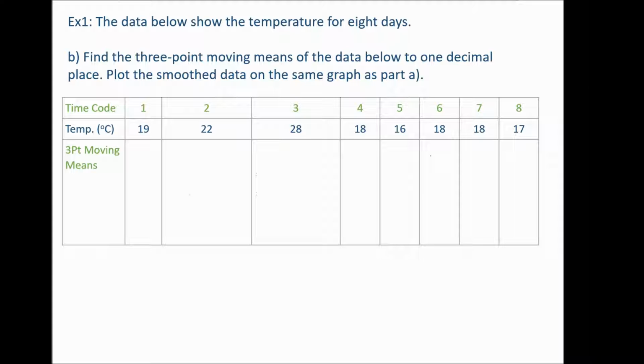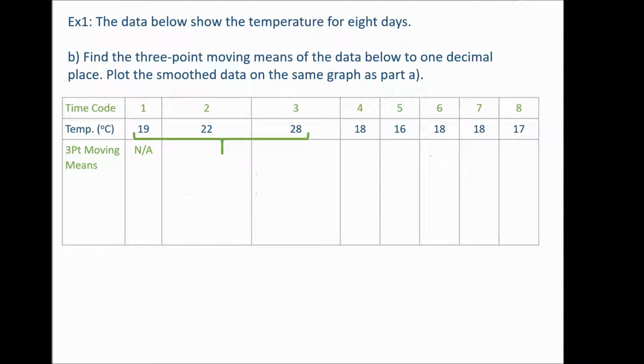The data below shows, again, the temperature; find the 3-point moving mean. How it works: I find 3 values, 1, 2, 3. When it's centered, so when I take the average of 19, 22, and 28, that's centered about 2. So I'm actually going to lose the value for the time code of 1.